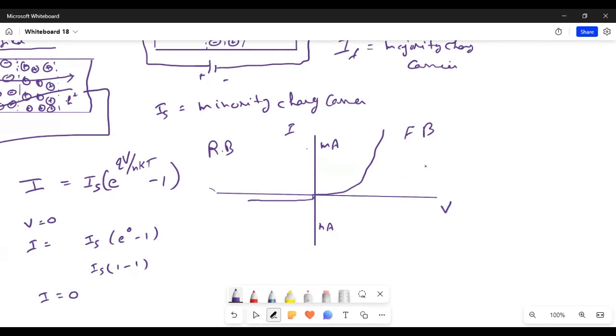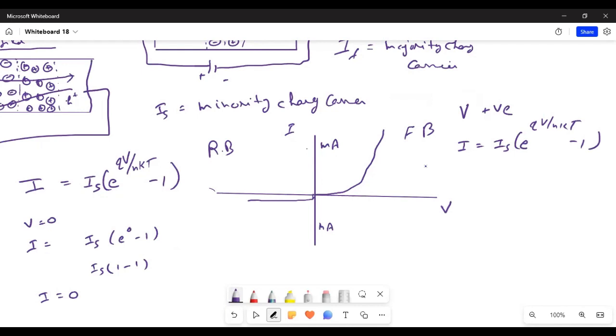Now what happens if V is positive? The current will be I equal to Is e to the power qV by kT minus 1.